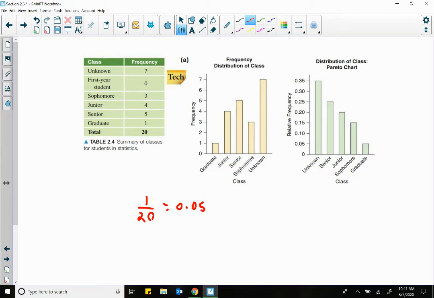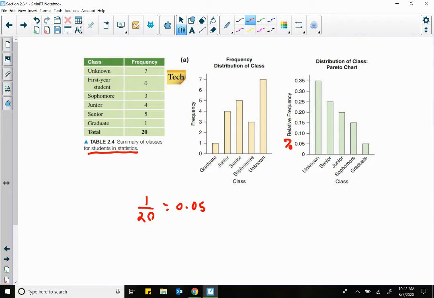Remember, this is like the percentages, but these are percentages as decimals. So 5% of the statistics class, because these are students in the statistics class, is made up of graduate students. Okay, so that's all.